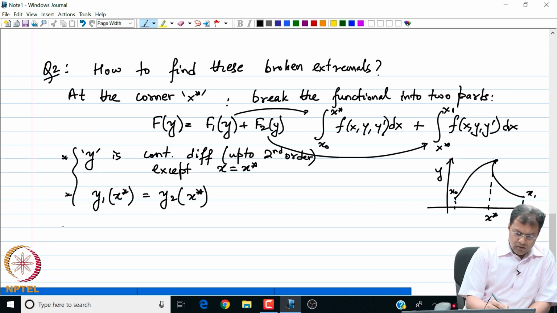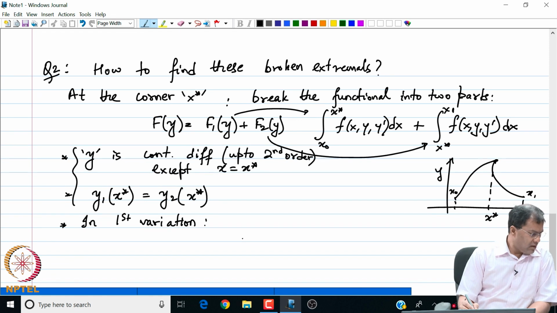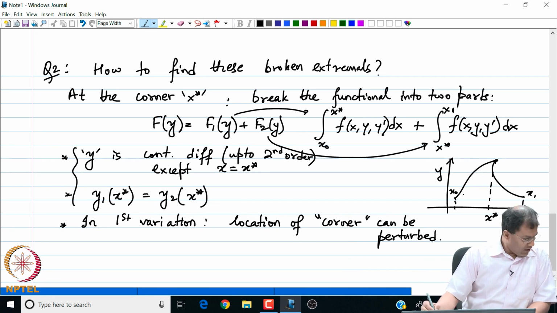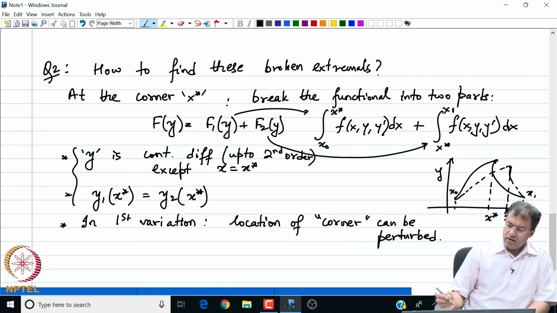So in our first variation, when we derive our Euler-Lagrange equations, the location of the corner can be perturbed. We can have a similar situation of this form, where now my new location of the corner is x star hat. So we can always perturb; this is also allowed in our derivation.